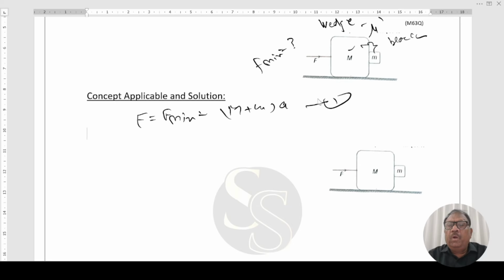We have to find the value of A to satisfy the condition that the block does not move down or up. Normal force always acts perpendicular to the surface, so on this plane it will act in this direction.